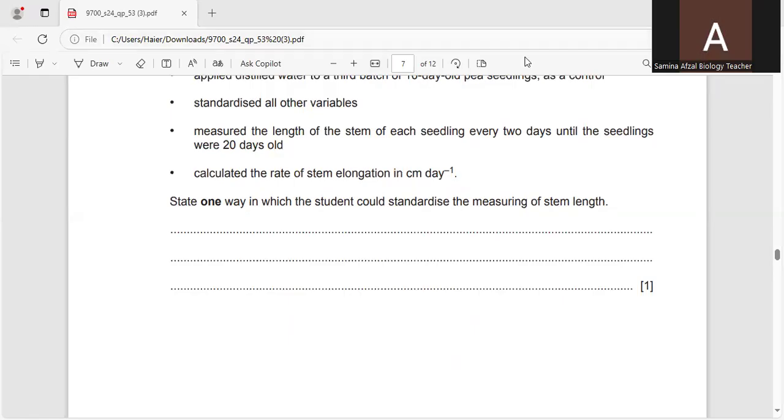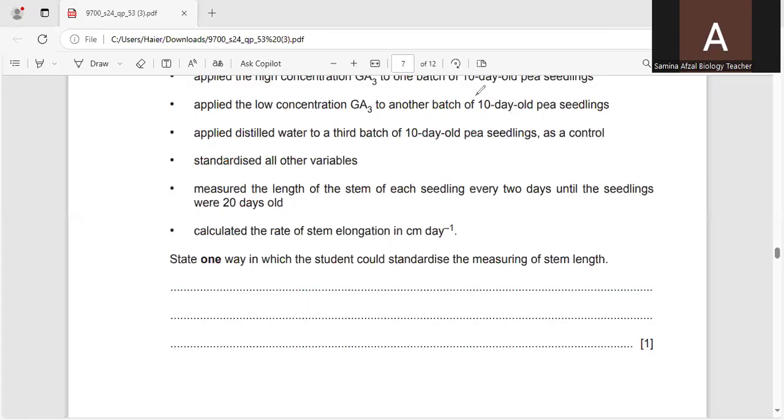So he wants to standardize the measuring of the stem. For this purpose, I think he can measure in appropriate units.